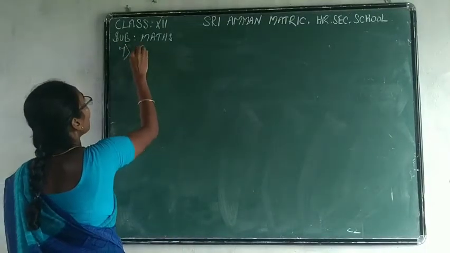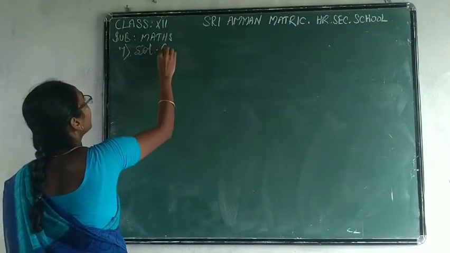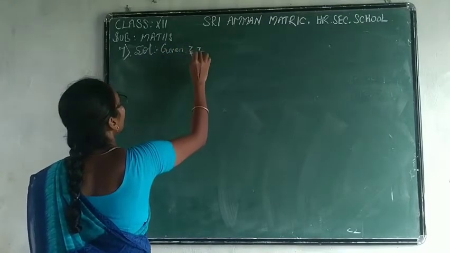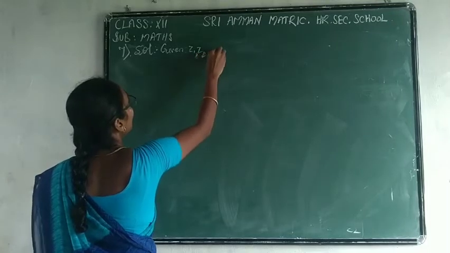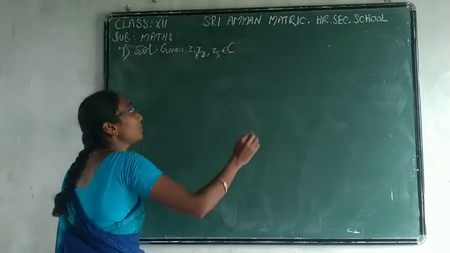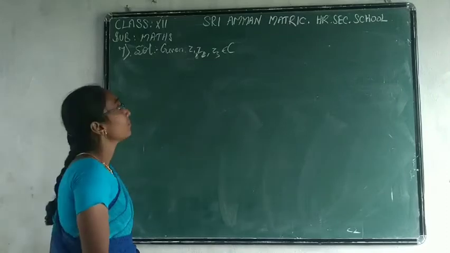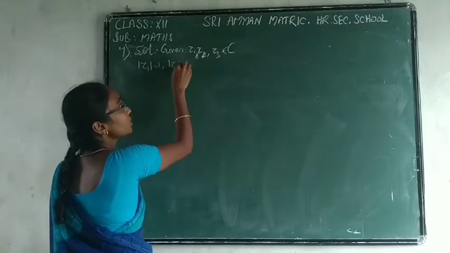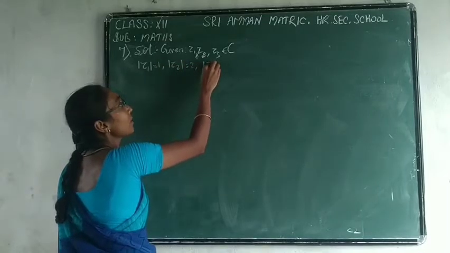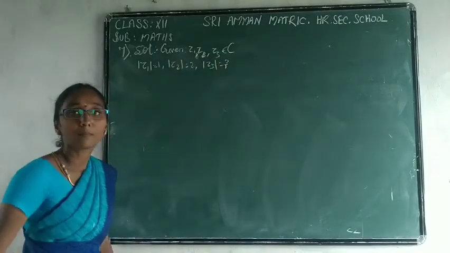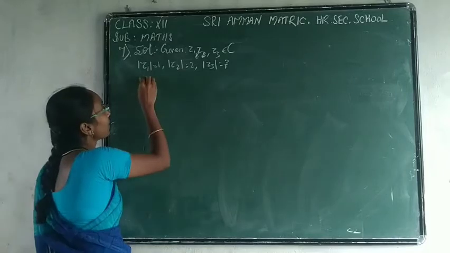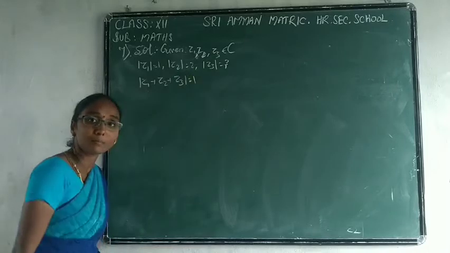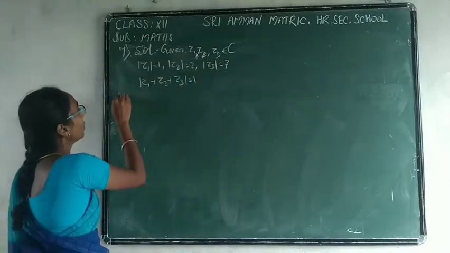7th question. Solution. Given 3 complex numbers Z1, Z2 and Z3. These 3 complex numbers satisfy modulus of Z1 equals 1, modulus of Z2 equals 2 and modulus of Z3 equals 3. And one more condition is given: modulus of Z1 plus Z2 plus Z3 equals 1. Now, what do we show?